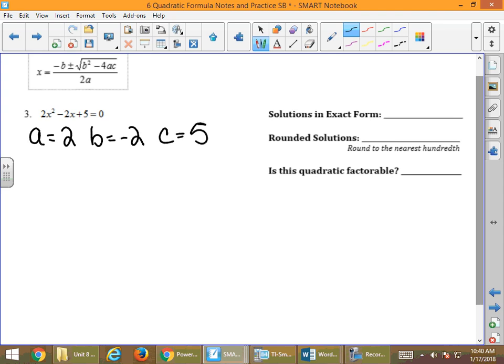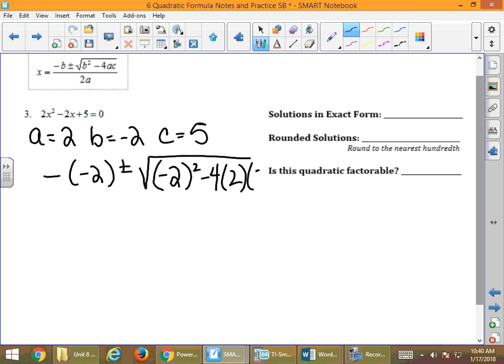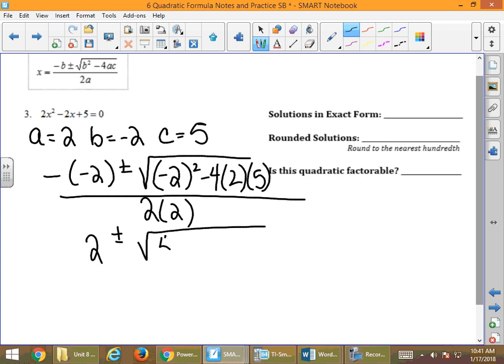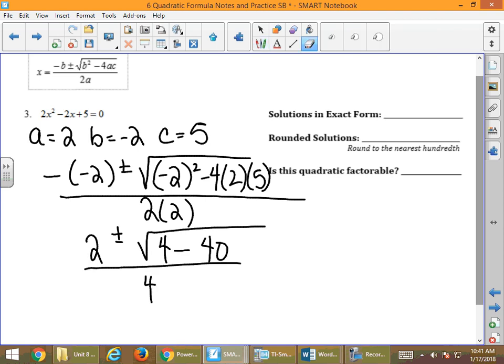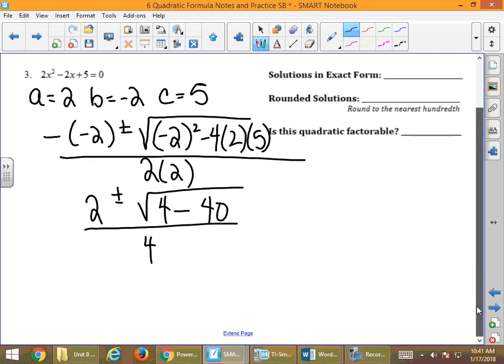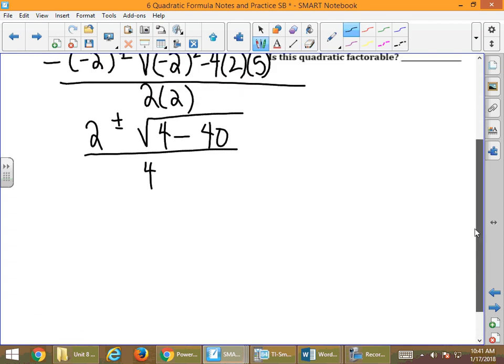When we fill in the quadratic formula, the opposite of B, plus or minus square root of B squared minus 4 times A times C, all divided by 2 times A. Well, what happens here is we get 2. Double negative gives us a positive, plus or minus the square root of 4 minus 40 divided by 4. Right now I'm going fast here. Pause the video later if you need to.